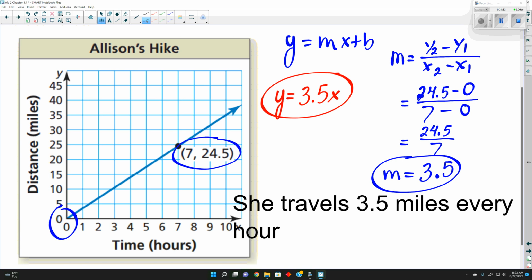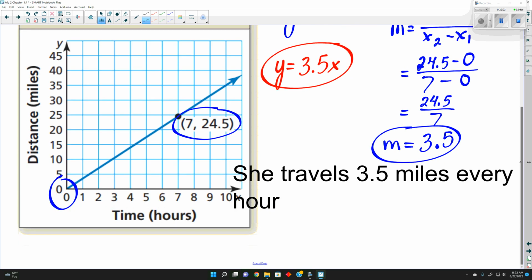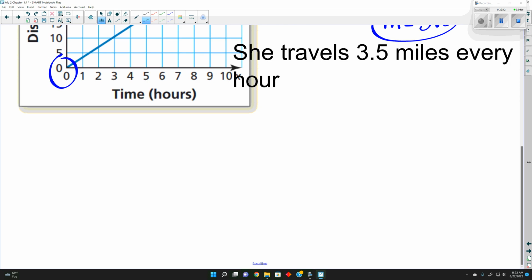So now the last thing we need to figure out is how long it takes her to travel 14 miles. We can do this exactly as we did the first one. We can set y as 14 and solve for the value of x. Now, if this works out nicely, for 1 hour, how far does she travel?